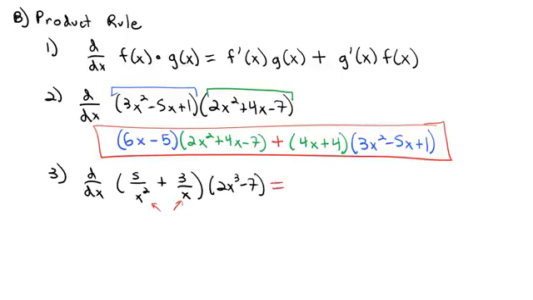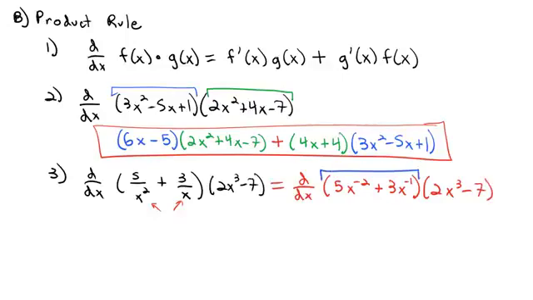We just need to tweak this problem a little bit and rewrite it, and think about what type of exponent sticks things in the denominator. Well, a negative exponent does that. This is really 5x to the negative 2 plus 3x to the negative 1 times the 2x cubed minus 7.